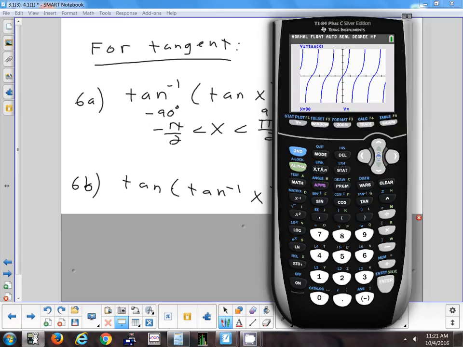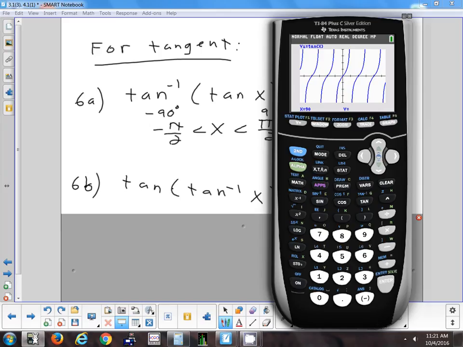But let me pick something extremely close. 89.99. Look at my y value. 5,729. I'd say that's pretty high. So as I get very, very close to 90, this graph is shooting up very high. And if you go just past 90, on the other side, it's going to go down very, very low.